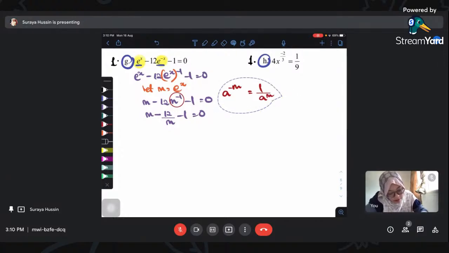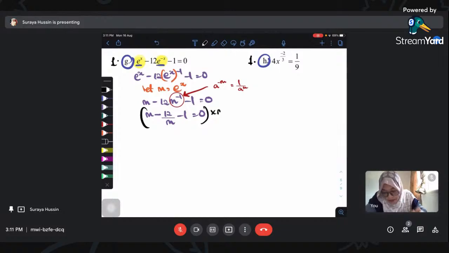Do you remember this? This is formula, okay? So this is what I do, and then I don't like fraction, so I times every term dengan m. m squared minus 12 minus m is equals to 0.